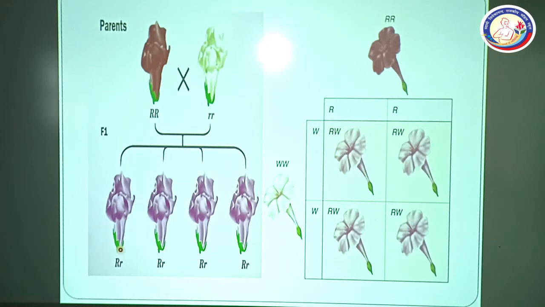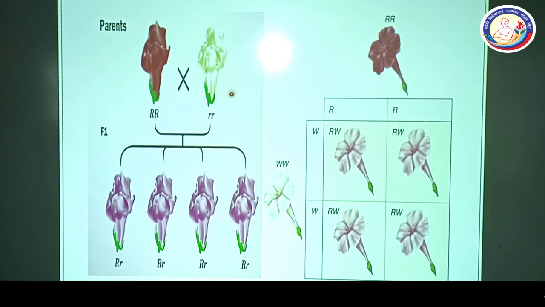Have a look here. This is Mirabilis jalapa. You have taken capital R, capital R, this is the red flower. This is the white flower. When you cross them, in the F1 generation you can see all flowers are pink in color, and the pink color is an intermediate color of the red and white.